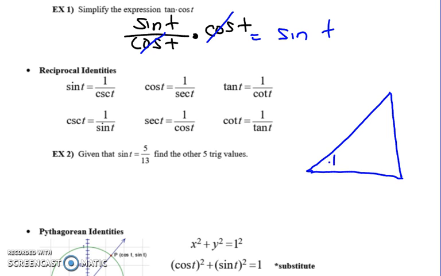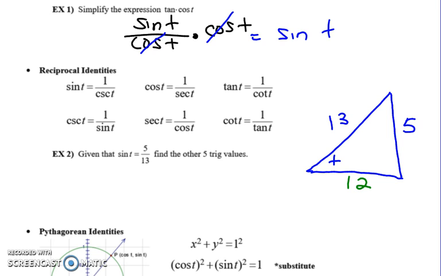So this is our reference angle t, with the opposite being 5, the hypotenuse being 13. We can use the Pythagorean theorem to find out that this is 12.